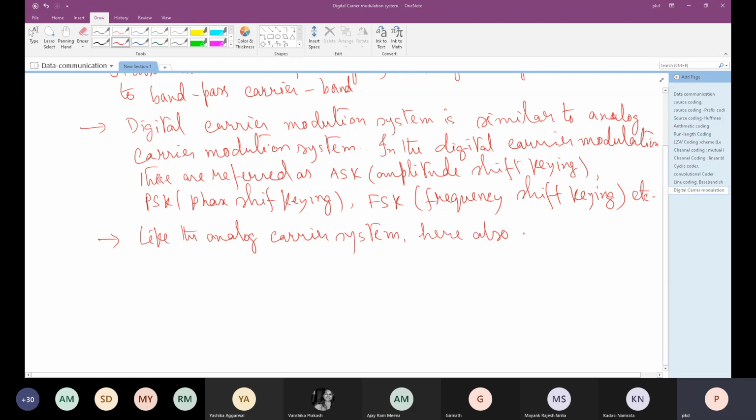Here also there are coherent and non-coherent. From the operational point of view, from the detector point of view, there are some differences in circuit design, and in the digital domain, digital operation wise they are also different. The basic difference is that coherent means the frequency is known.